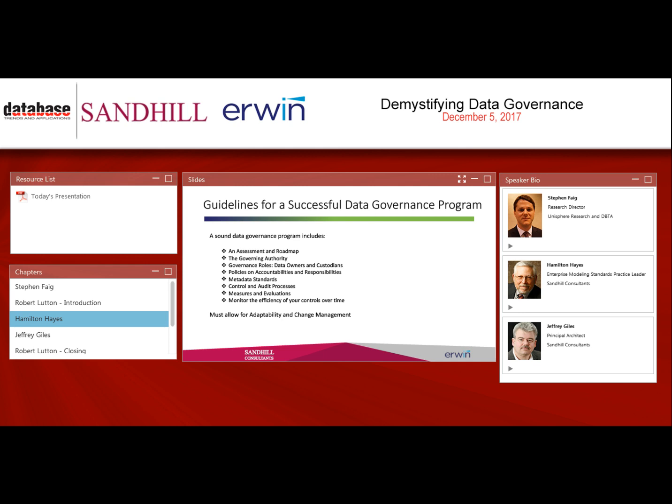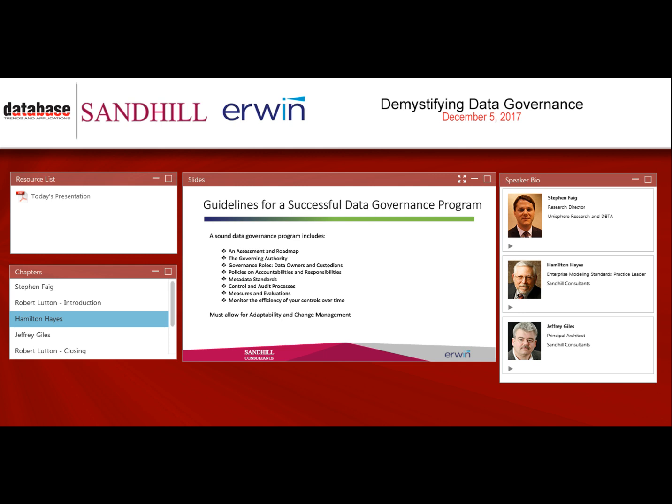Governance roles: what are the specific roles and accountabilities within an organization? What are the policies, especially with regard to accountabilities, that we want to make sure we are implementing within our governance system? What are our standards? We cannot have a data governance system without having standards, especially with regard to the structure and the metadata. What is it supposed to do?